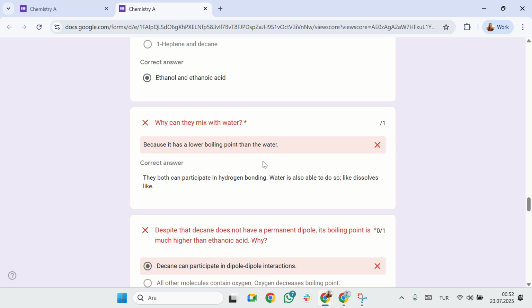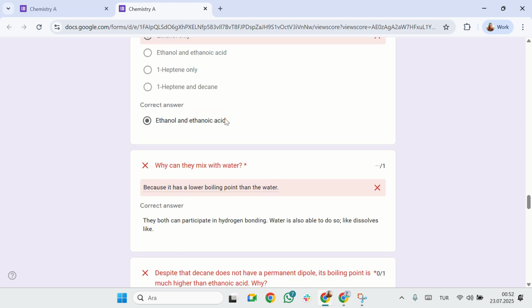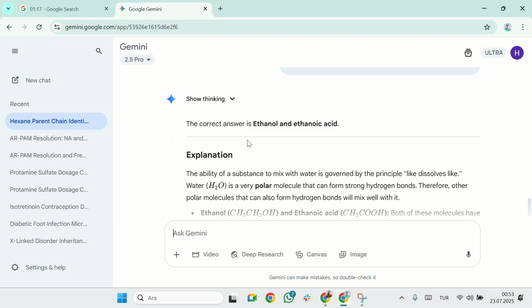Can they mix? Why can they mix with water? Oh, okay. Ethanol and ethanoic acid. They both can participate in hydrogen bonding. Okay, it's all about hydrogen bonding at this point. Like dissolves like, oh, right.